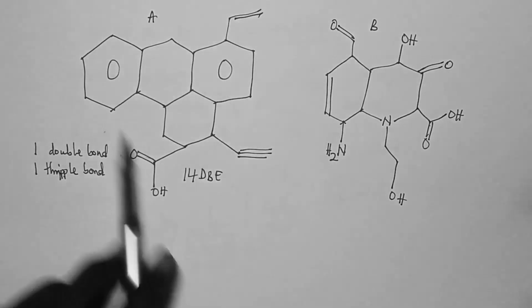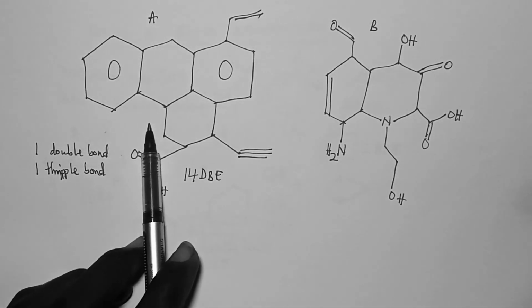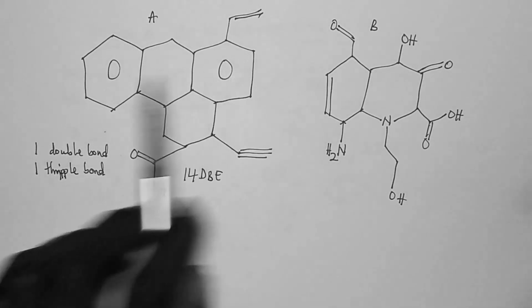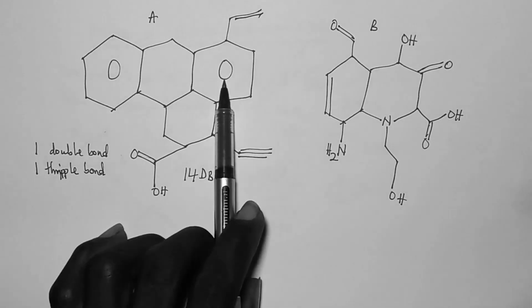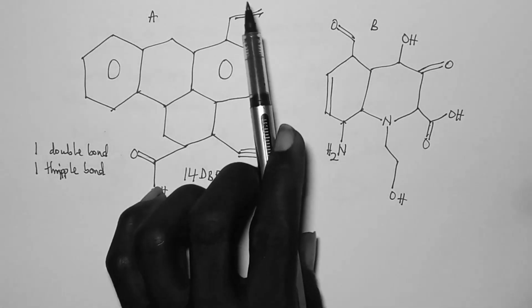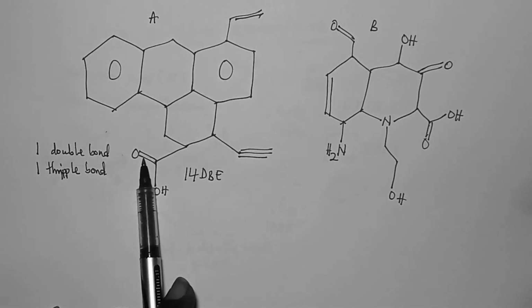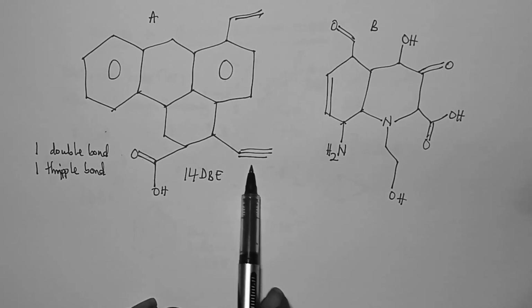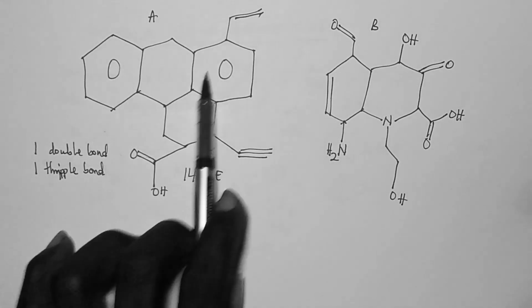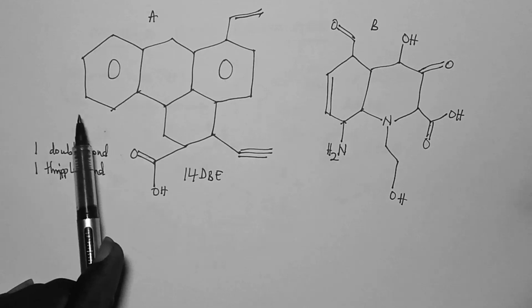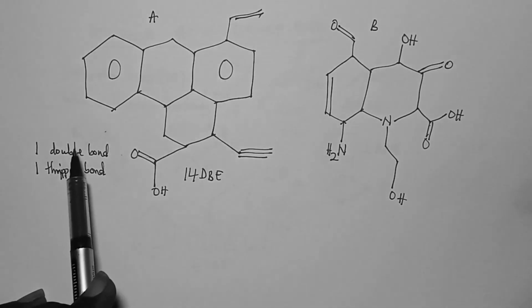So this molecule has 14 double bond equivalents. They are this ring, that's 1, 2, 3, 4 rings, then 5, 6, then 7, 8, plus the 3 pi bonds in each of these rings, which makes it 14.